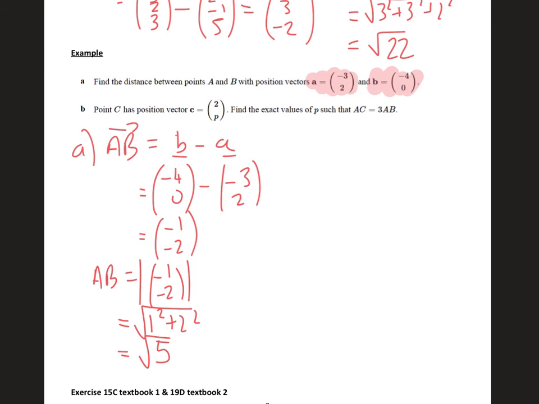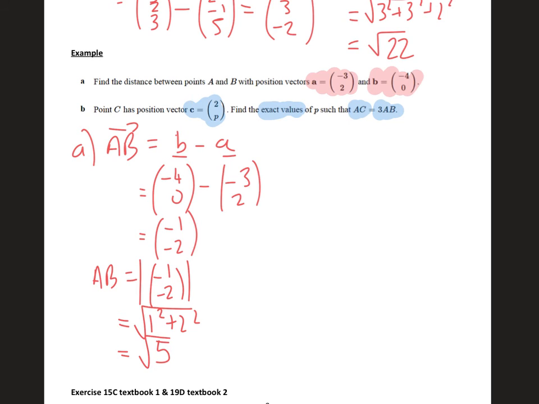Okay, part b. Point C has position vector (2, p). Find the exact values, so multiple, and exact means in terms of square roots, of p such that AC is 3 times AB. Well, I've worked out AB was root 5, so 3 times AB is just 3 root 5.